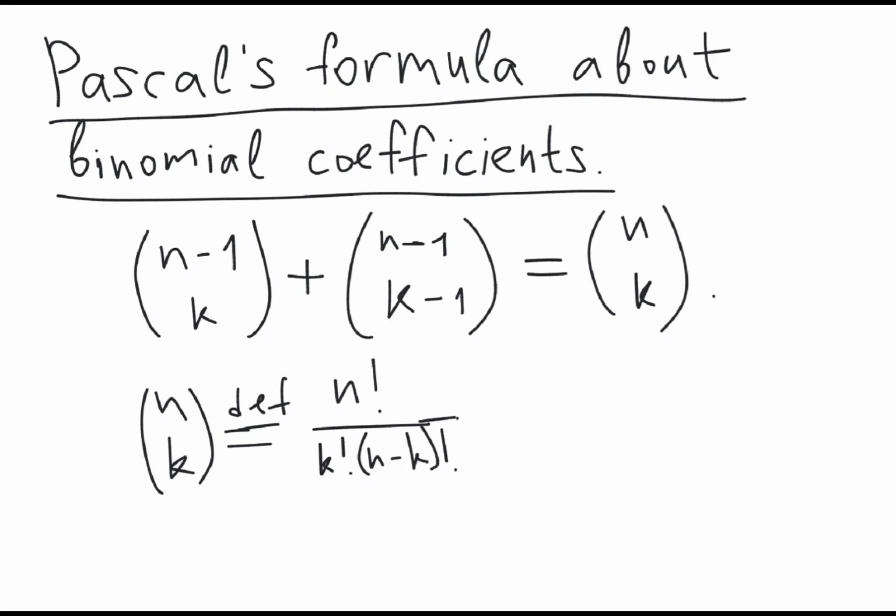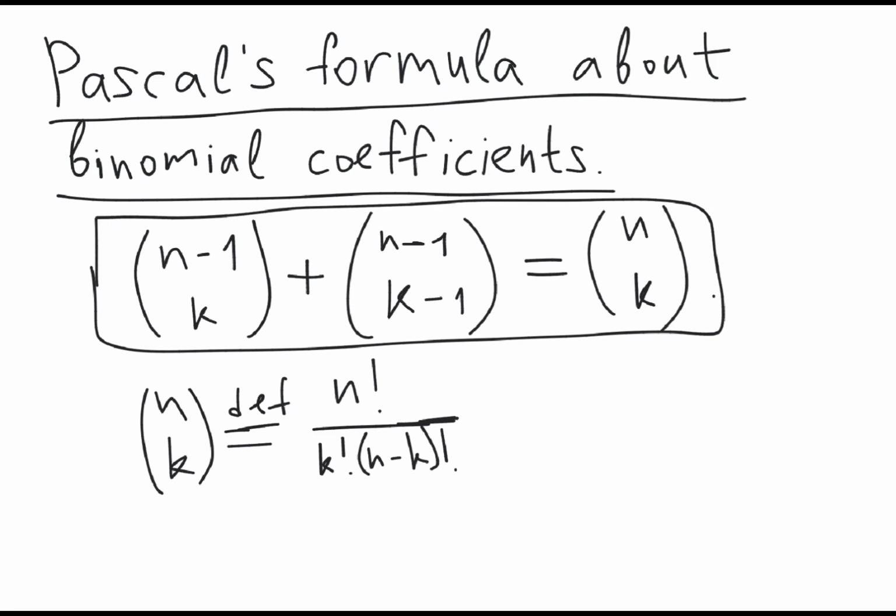And despite the fact that it's a fraction, it's always a natural number. It can be proven. Okay, so this is the identity that we need to prove. So let's prove this.